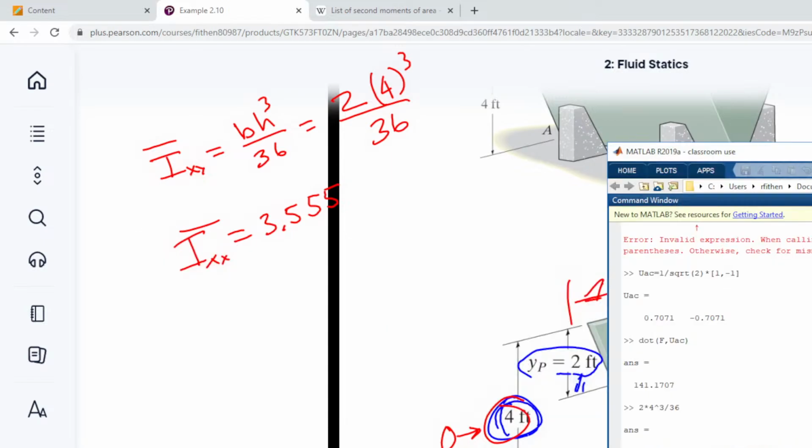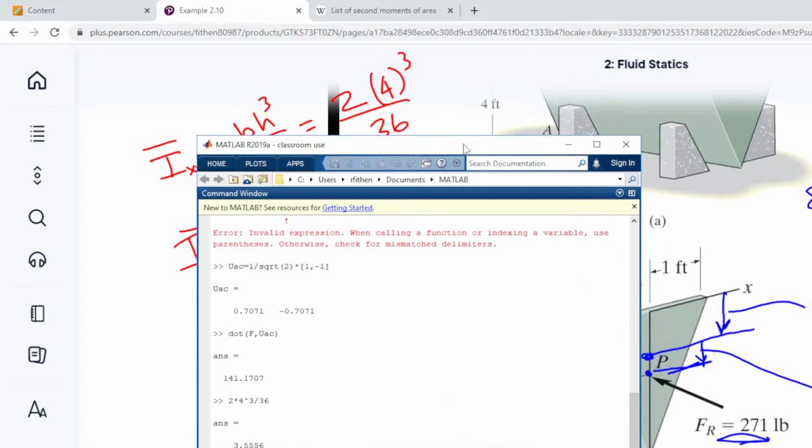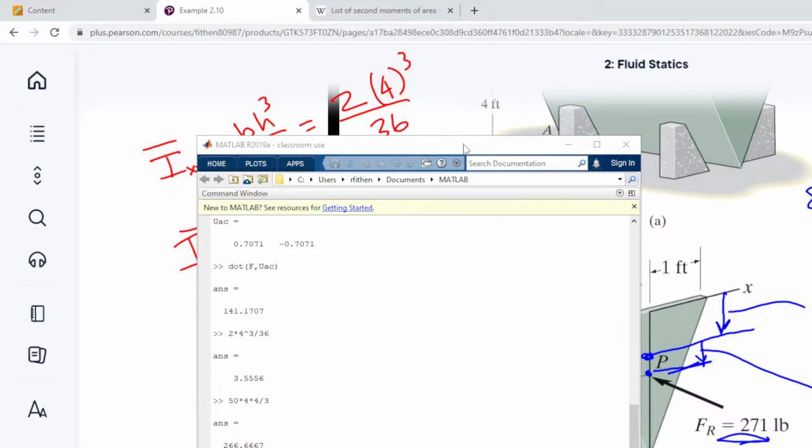So if you go in here, you'll find that its location is 3 times 3 divided by 16, which gives you 2/3, or 0.66. Should be 2/3.